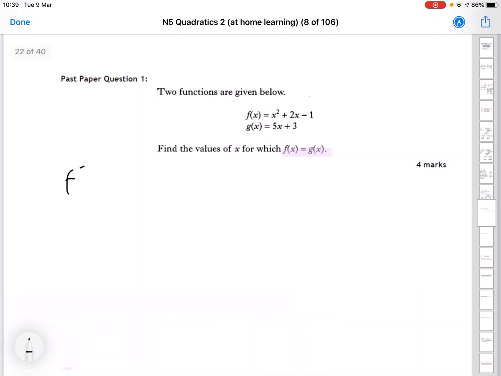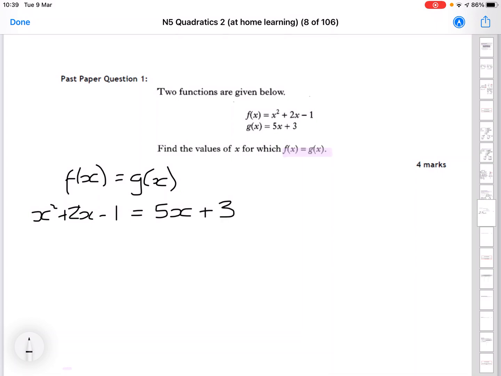So if f of x is equal to g of x, well, f of x is x squared plus 2x minus 1, and g of x is 5x plus 3. So here we're going to bring everything to the left hand side and then set it to equal 0 on the right hand side.